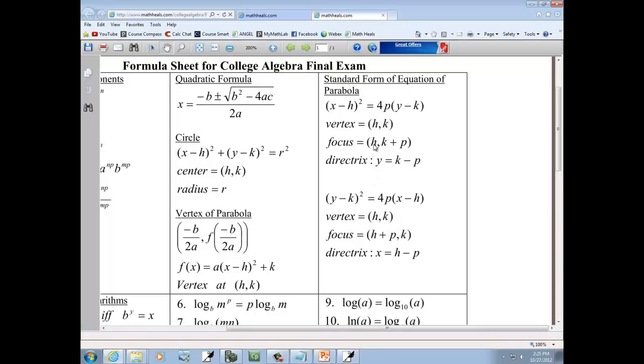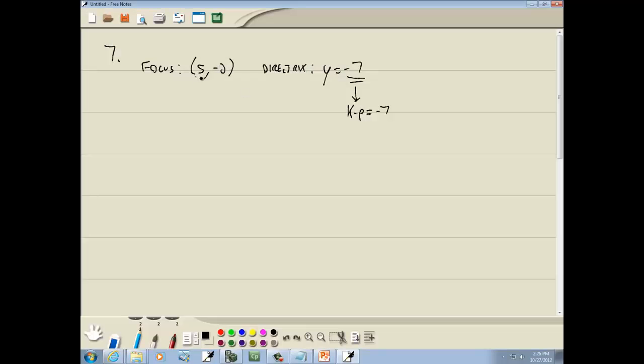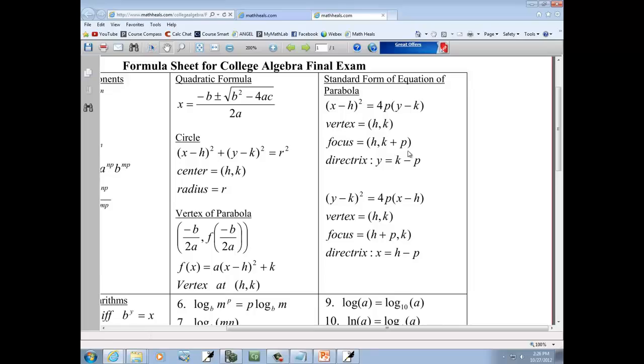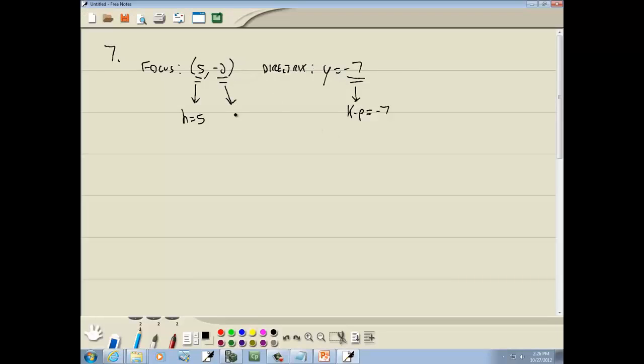Now we're using top formula, so for our focus, first part, the x part is our h. So this is h. And our y part is k plus p. So this is k plus p. Well, we need h, k, and p. So we got h. Let's find k and p.